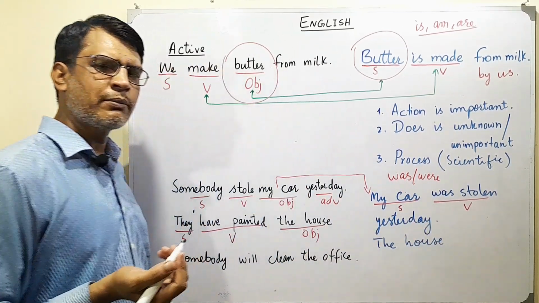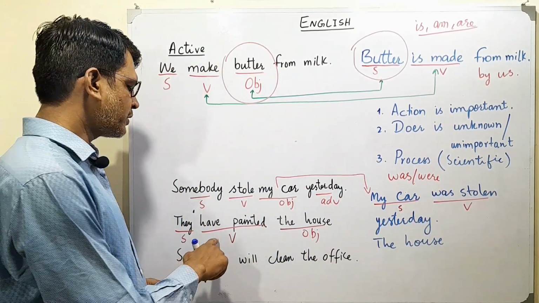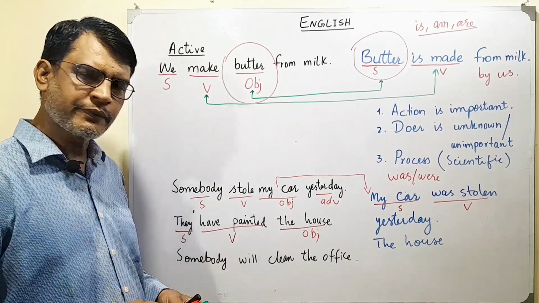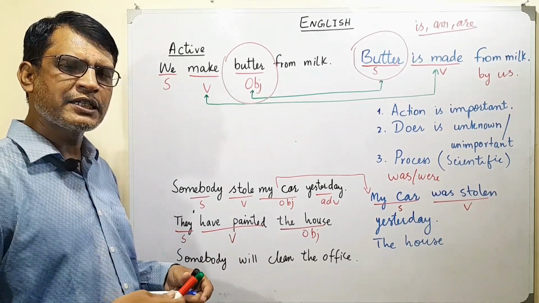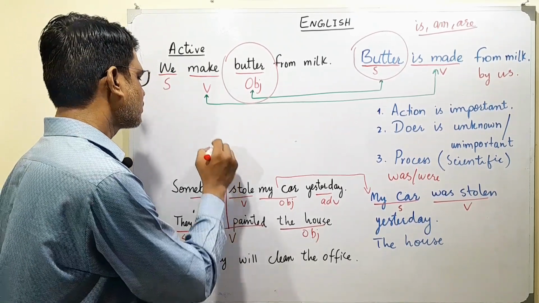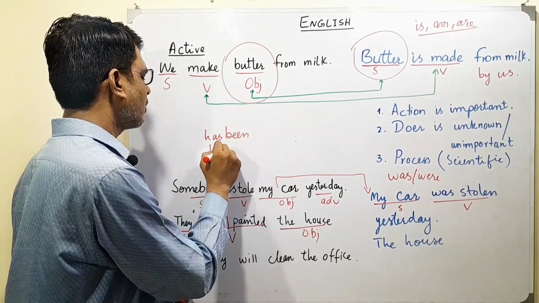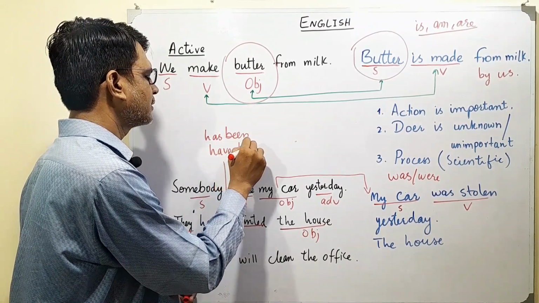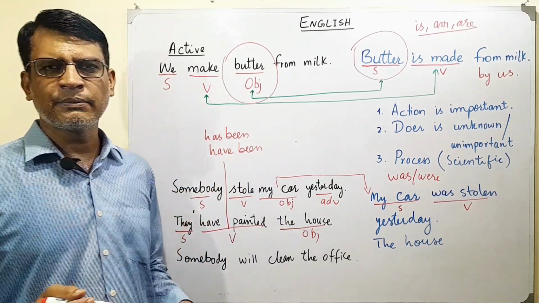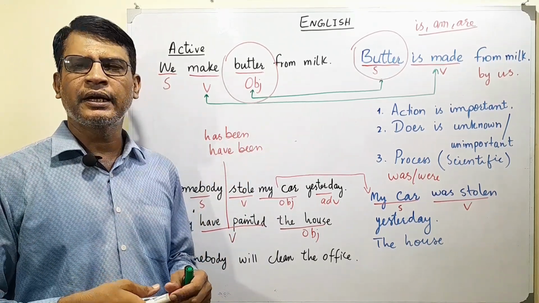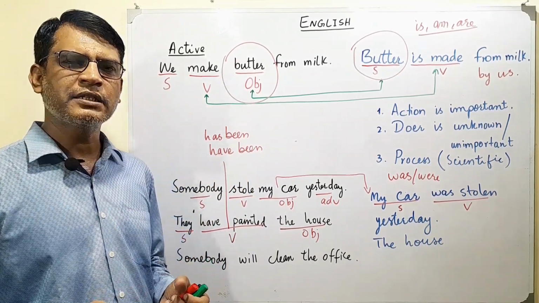And what about the verb now? Because it is a present perfect verb. So to change a present perfect verb, we need to put has been or have been. Has been if the subject is singular, and have been if the subject is plural.